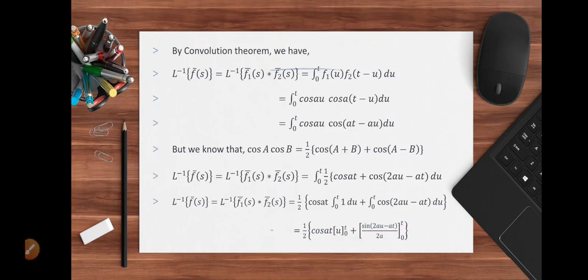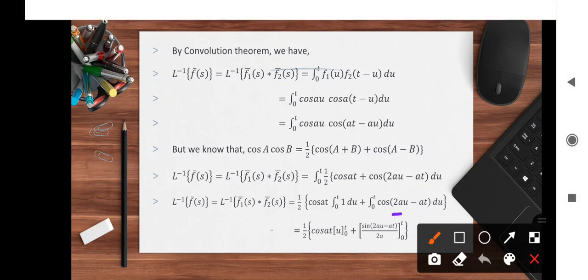So 1 by 2 constant multiplier, cos at constant multiplier, integration of 1 is u, within the limits 0 and t, plus integration of cos is sine, but here it should be sine ax upon a. So here you have to take the derivative of this bracket with respect to u, and the derivative is 2a.